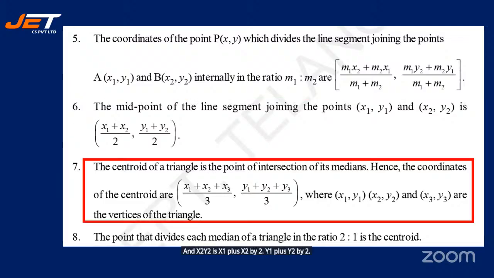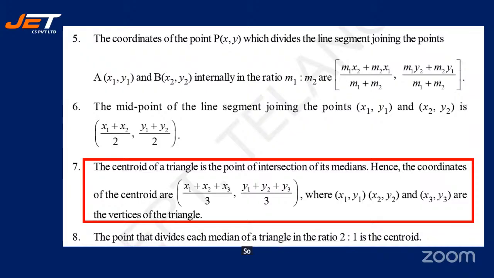All right, now next is the centroid. The centroid of a triangle is a point of intersection of its medians. Hence, the coordinates of the centroid are x1 plus x2 plus x3 by 3, y1 plus y2 plus y3 by 3, where x1, y1, x2, y2 and x3, y3 are the vertices of the triangle.